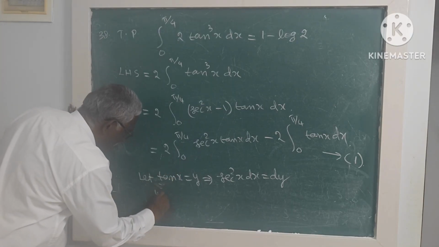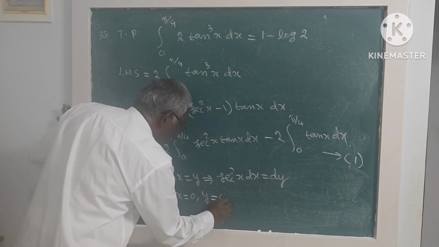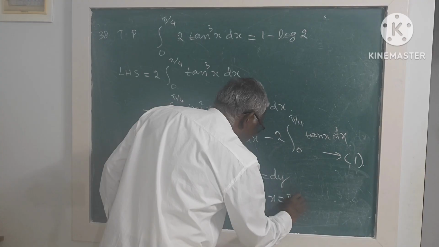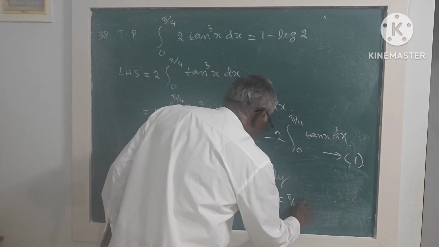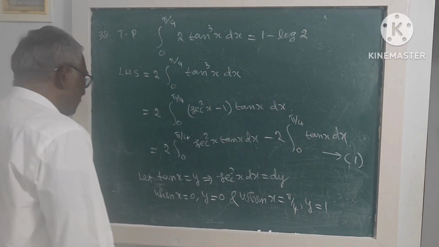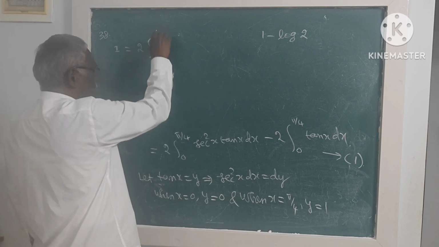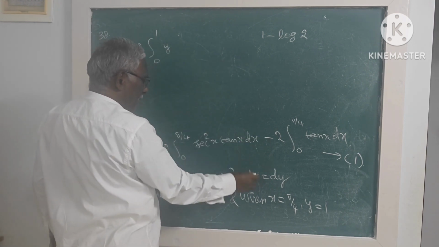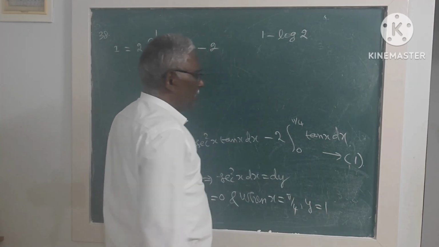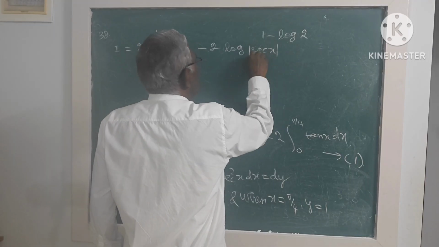When x is 0, tan 0 is 0, so y is 0, and when x is pi by 4, y is equal to tan 45 degrees, which is 1. So integral 0 to 1 of y dy, since tan x is y and secant square x dx is dy, minus integral of tan x, which will come log of secant x, from 0 to pi by 4.